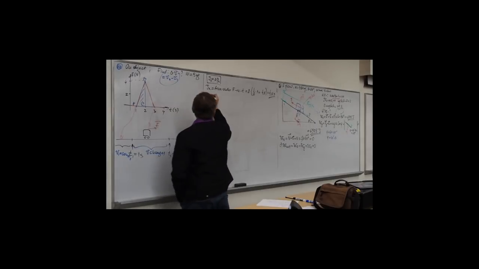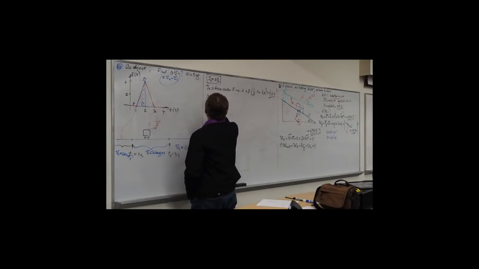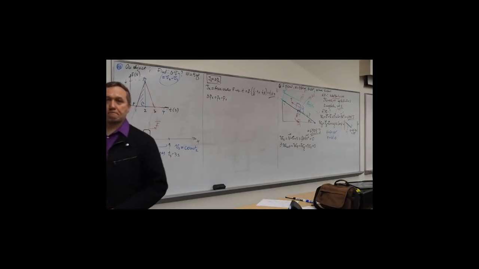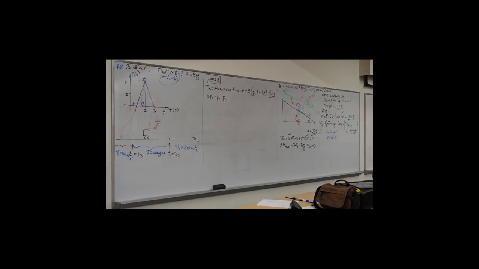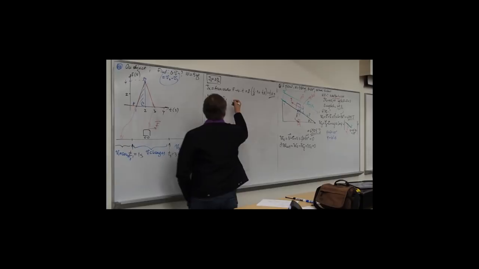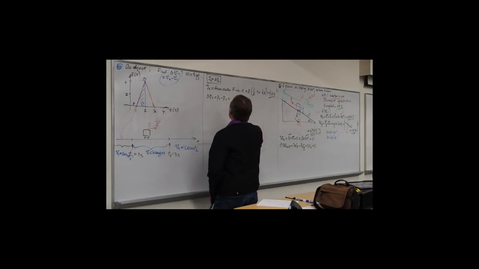And delta Px, it's mv. Let me use first p sub 2 minus p sub 1. These steps are trivial, so I'm not asking. Change by definition is the value of something at the final point minus the value of this something at the initial point. So it's mv2 minus mv1.